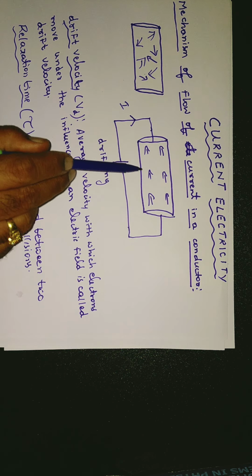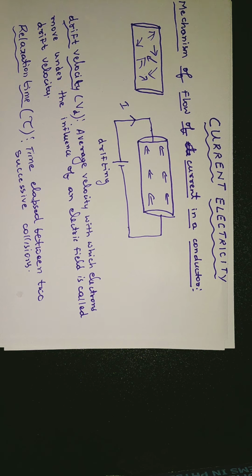Now, if I bring this conductor under the influence of an electric field, I have applied a potential difference across the ends of the conductor. Hence, an electric field is set up inside the conductor. Now, the electrons experience a force in a direction opposite to that of the electric field, and hence they start moving or getting accelerated. They get accelerated in the direction of the force.